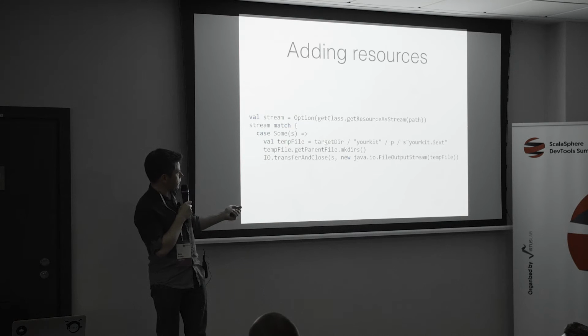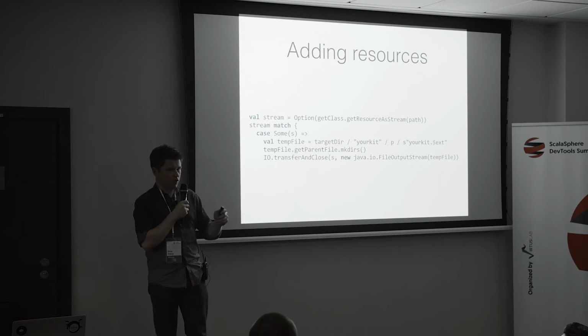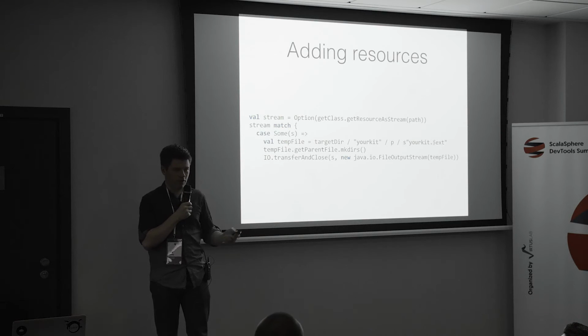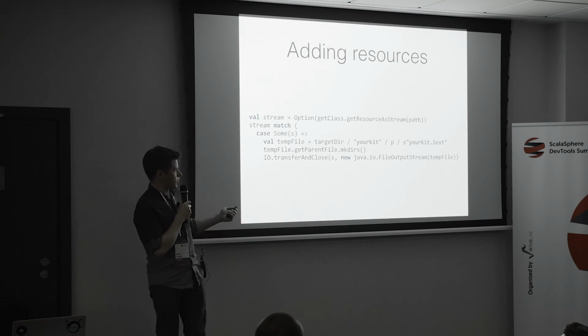Target here is usually, you'll have target as an SBT setting that says here's a temporary directory where you can dump all sorts of stuff. So that's usually your target directory when you're doing SBT builds, and this allows you to refer to it.